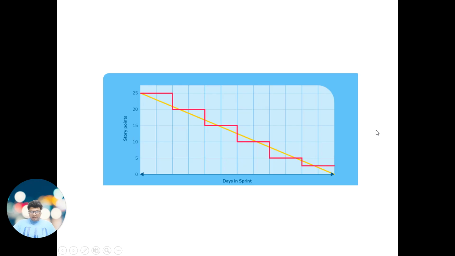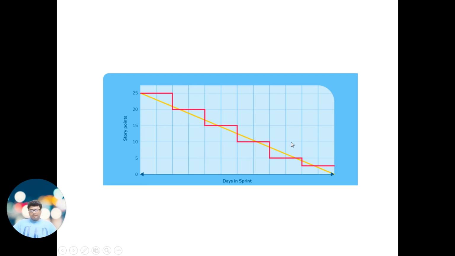Now, yes, this is, I will say, one of the ideal burndown charts because at an interval of every 2 days, the stories have been burned down. It means the story was meeting the criteria of the definition of done and it is ready to be delivered to production.